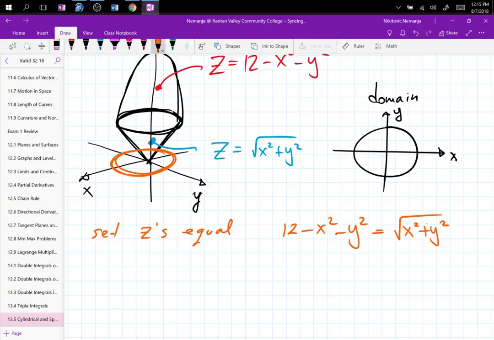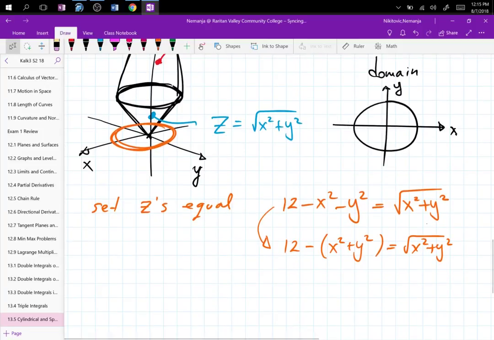You convert this into the polar realm by first factoring out the minus to have x squared plus y squared equal to the square root of x squared plus y squared. Guys, the formula is that r squared is equal to x squared plus y squared. So when you convert this into the polar realm, all you get is 12 minus r squared is equal to r. x squared plus y squared is r squared, and the square root kills the square.